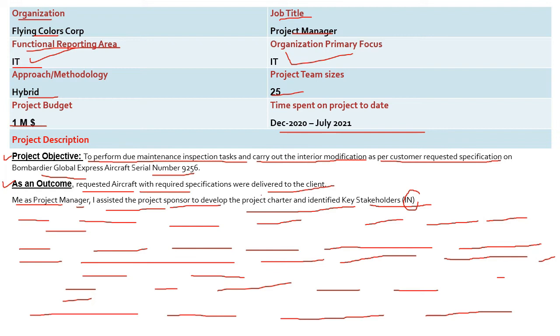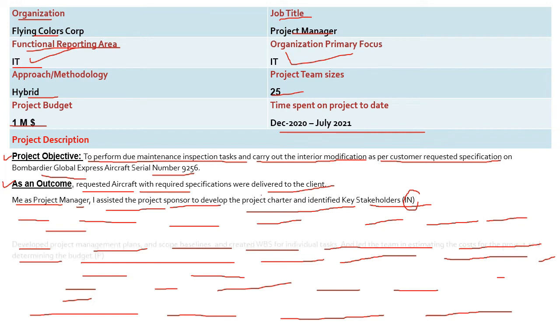This is part of the initiating phase, but responsibility for developing the project charter lies with the project sponsor. Here you write that you assisted, so that is exactly fine. So this is what you did in the initiating phase.